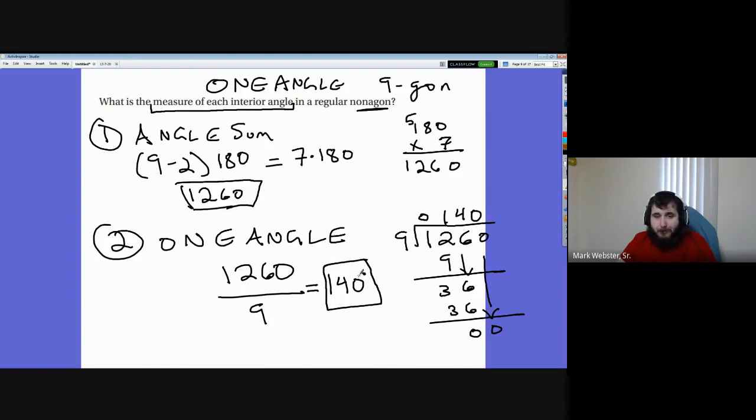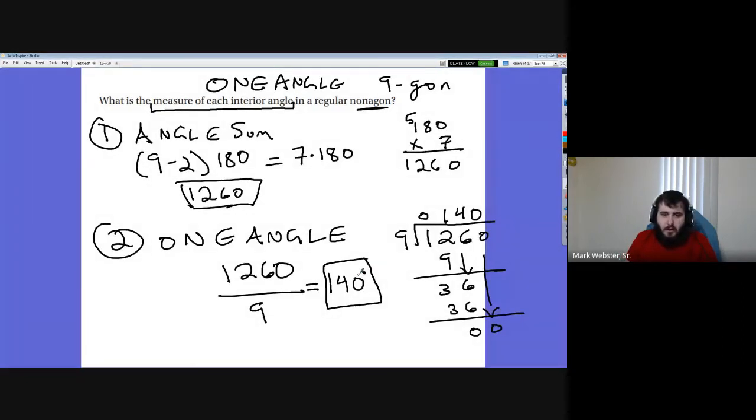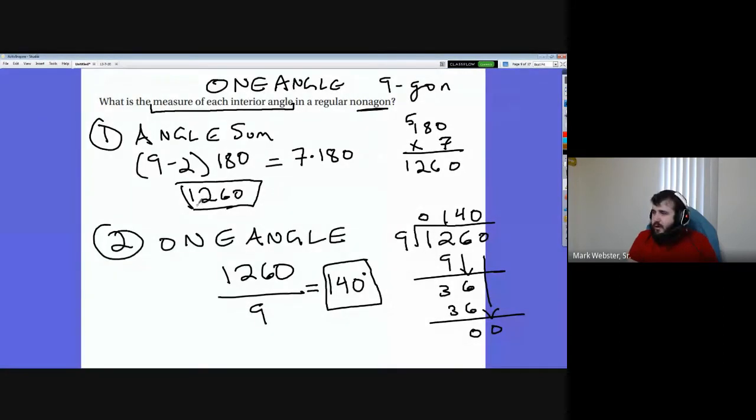Only one of these answers is correct, and it's not this one up here. If I'm asking you for one angle and you don't give me this, you will get no points. If I ask you for the measure of a single interior angle and you don't give me a single interior angle but instead give me the angle sum, it doesn't matter if the angle sum is correct.